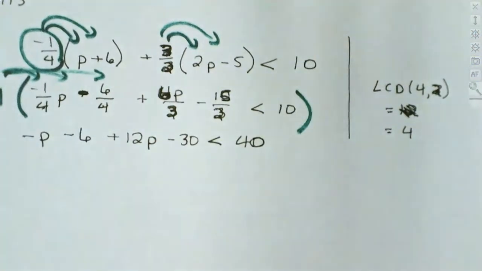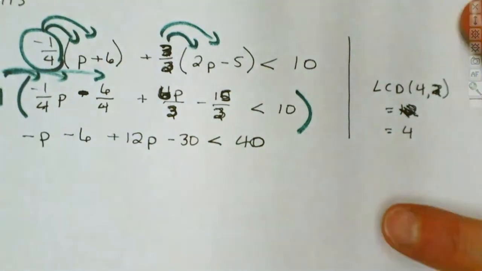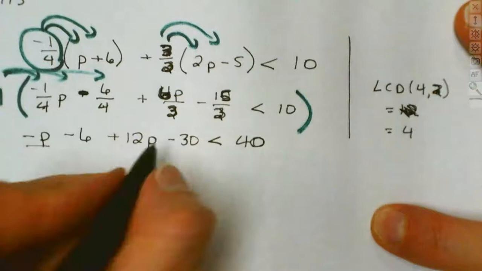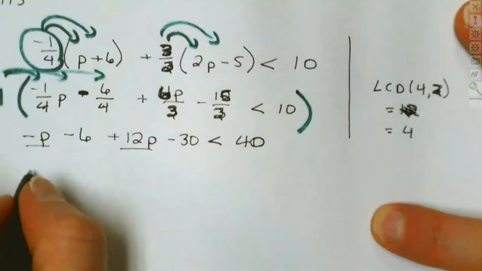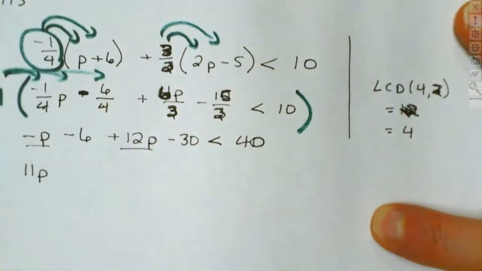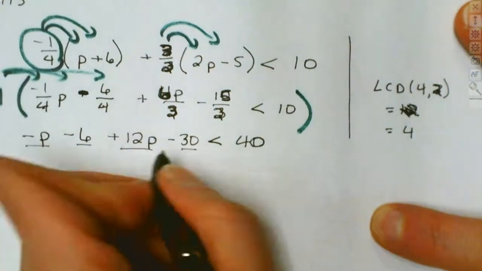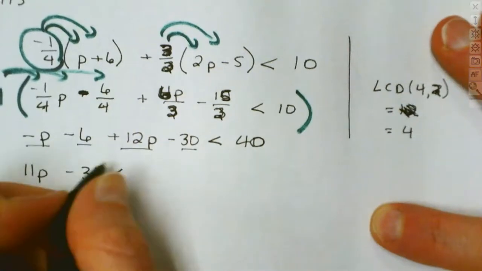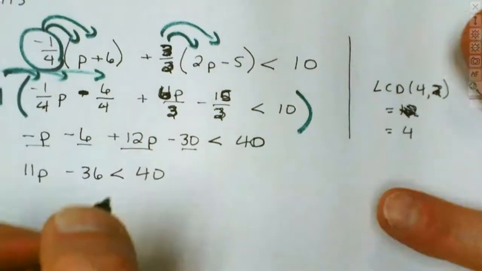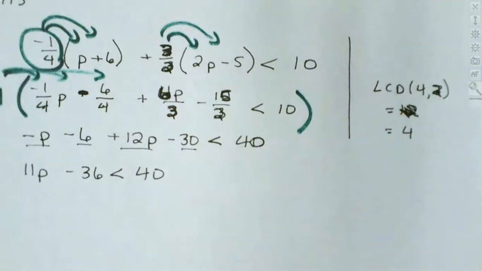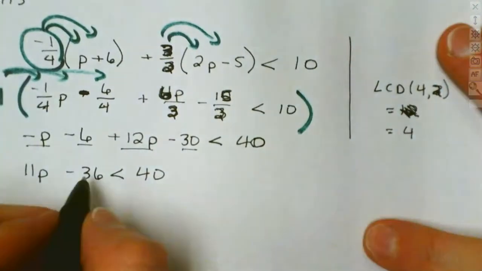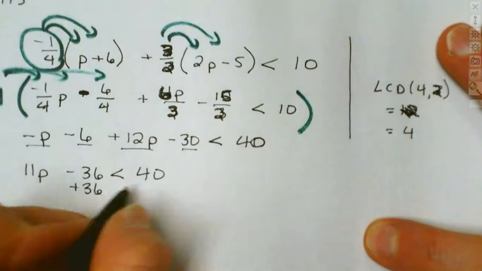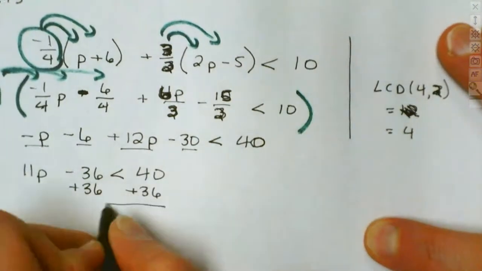Sorry about the mistakes there. Let's go ahead and finish this out. So we've got a minus p and a 12p. That makes it 11p. Those can go together. We have a minus 6 and a minus 30. That makes it a minus 36. And what are we going to do next? Well, the next step will be to add that 36 to each side.